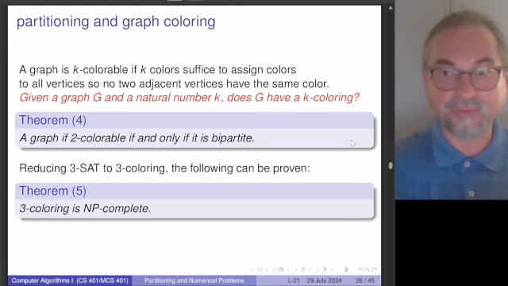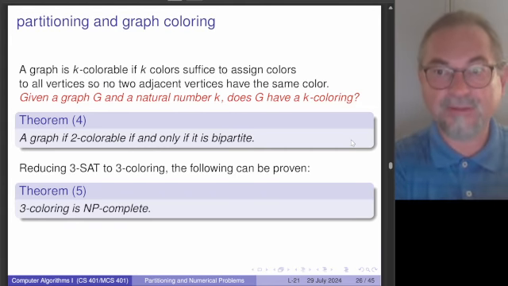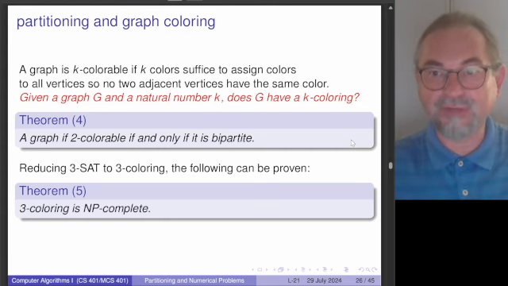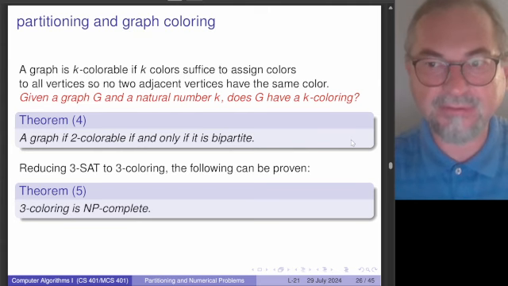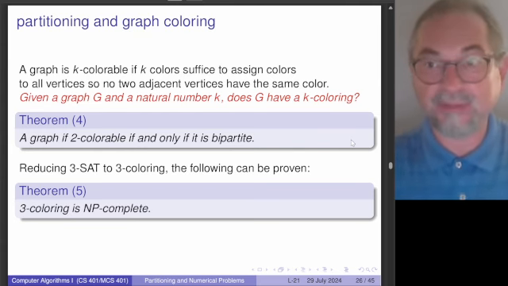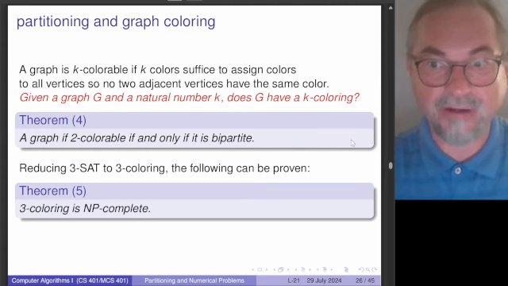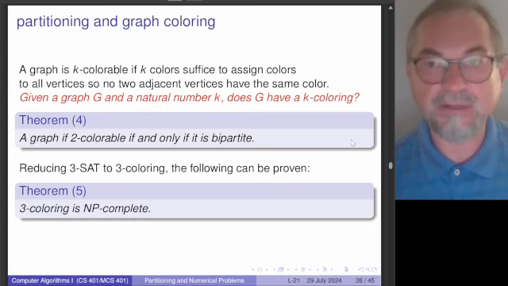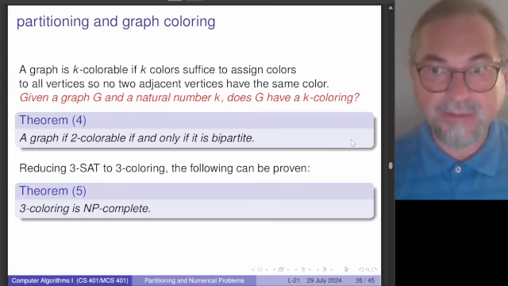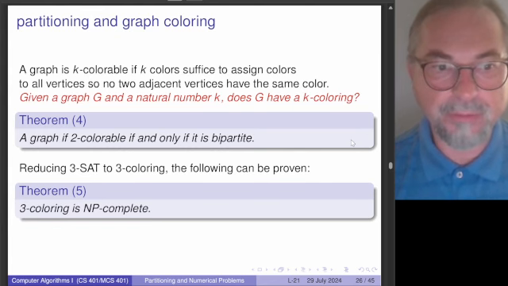If you have a two-colorable graph, then you can reorganize your vertices in sets of the red and the green ones, and it will be a bipartite graph. So this theorem is very straightforward to see, and it illustrates that this is essentially a partitioning problem.